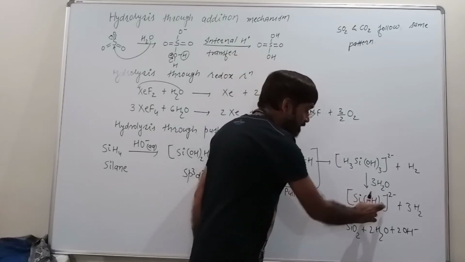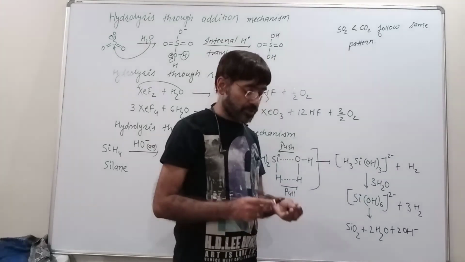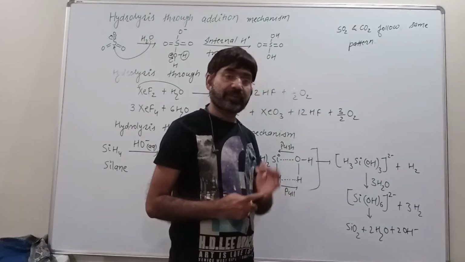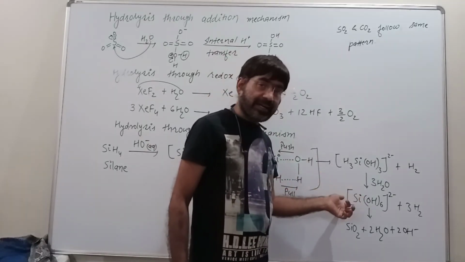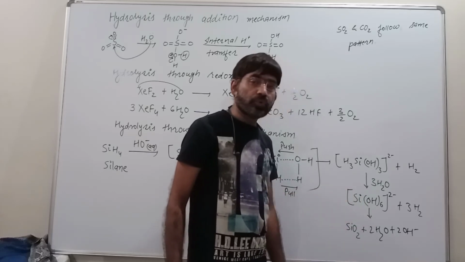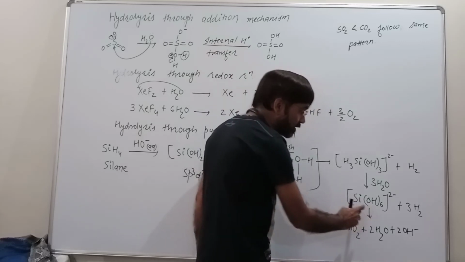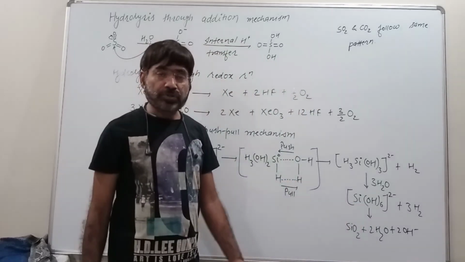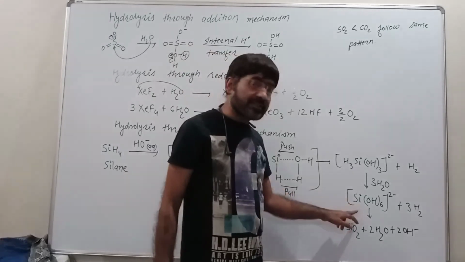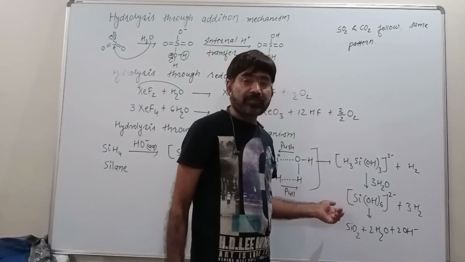So the final result of hydrolysis is Si(OH)6 2 negative. Fine. Now this compound is quite unstable, so it undergoes dehydration on its own. Or if you want to accelerate this dehydration, then we can slightly heat this compound.